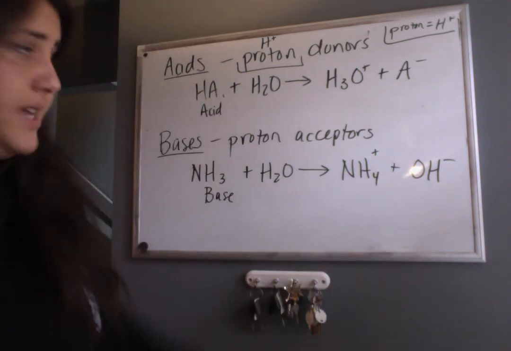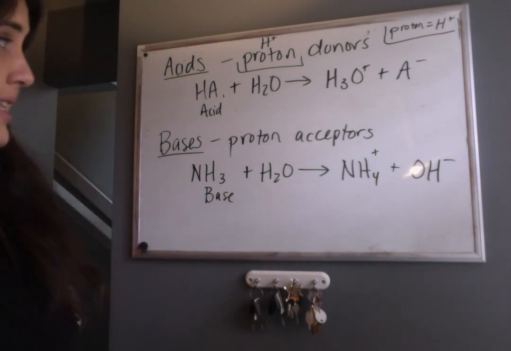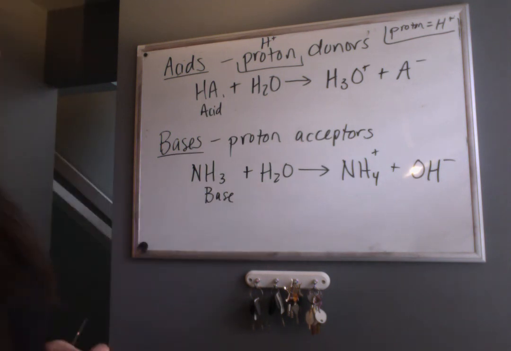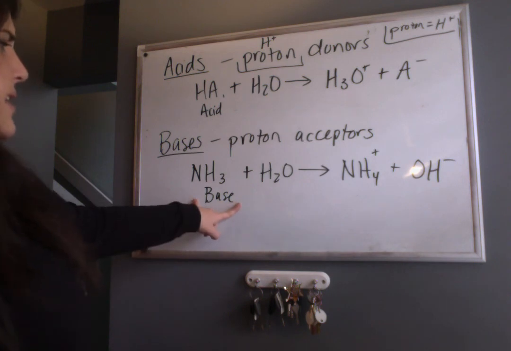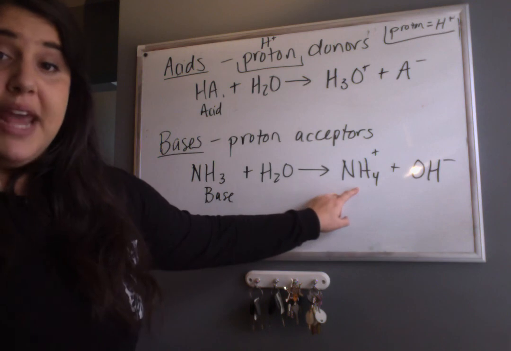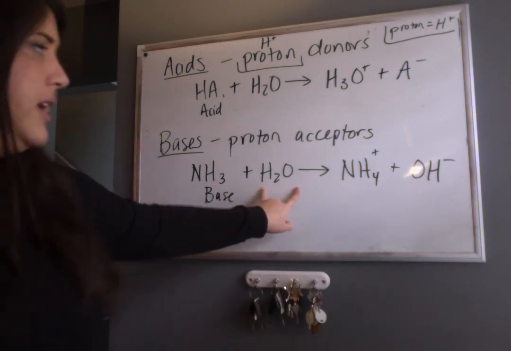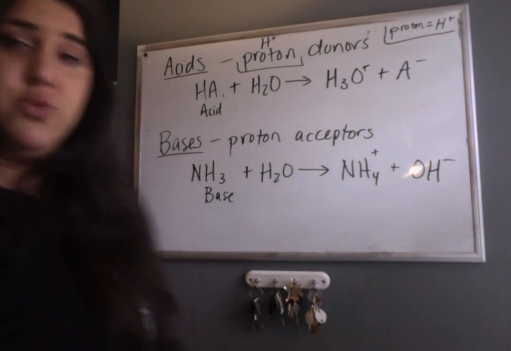It's just that Arrhenius had been ignoring the role that water plays in these acid-base reactions. So now I see that ammonia is acting as a base because it accepts a proton from water to form NH4+, don't forget your charges, and water therefore gives up a proton to form hydroxide.